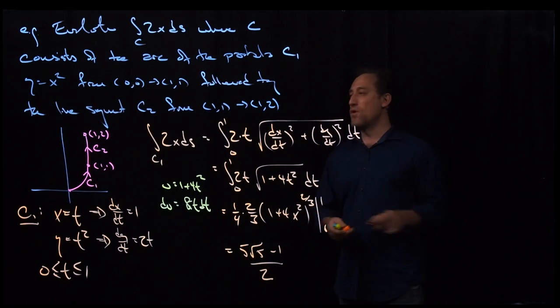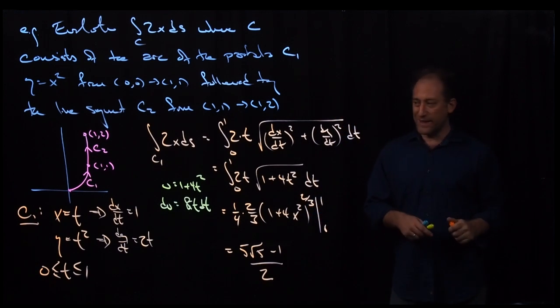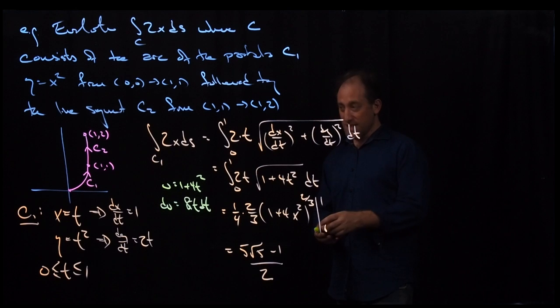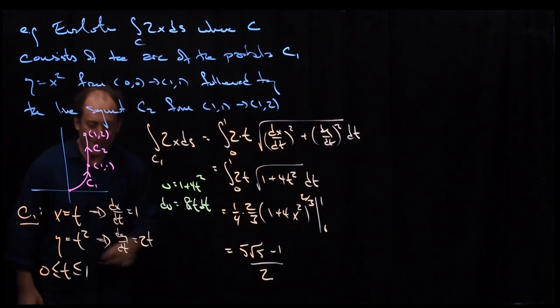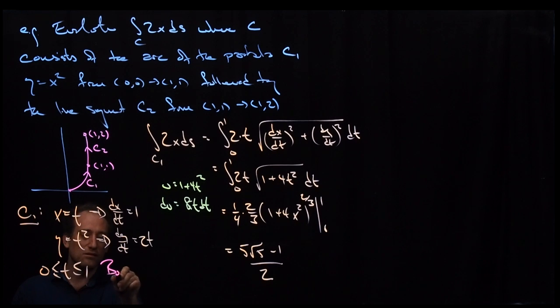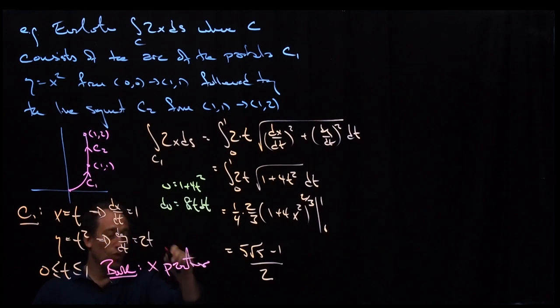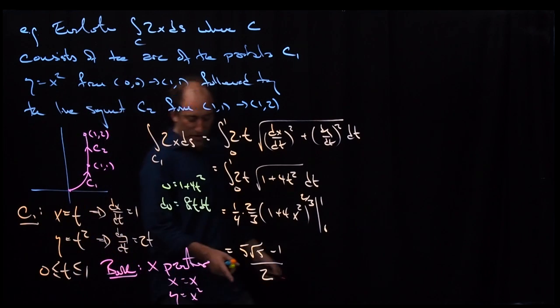A note before I move on, I've done this differently than the book, generally because I like to parameterize in terms of t whenever I can. The book decides to take x to be the parameter, which is fine because x in terms of x is x, and we already know that y is equal to x squared.